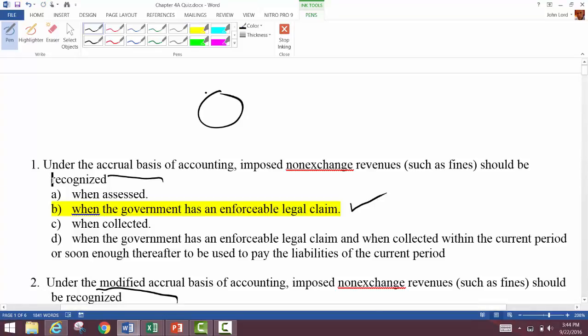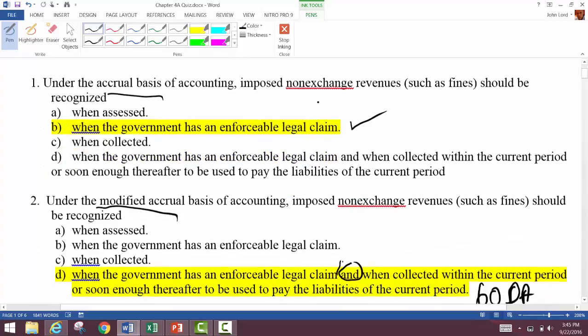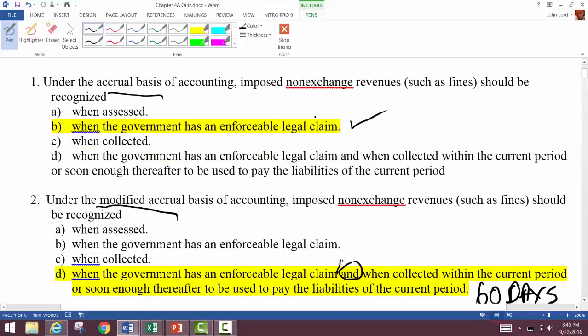Let's take a look. We're talking about the accrual basis of accounting, and an imposed non-exchange revenue, such as a fine. With a fine, the government has to have a legally enforceable claim to take that revenue. Remember the slide where the person was still disputing the ticket?